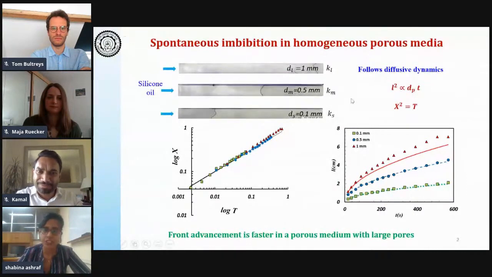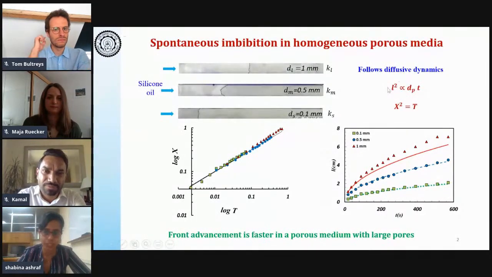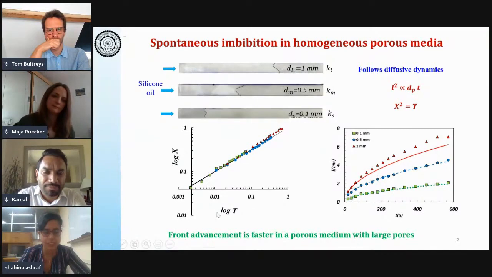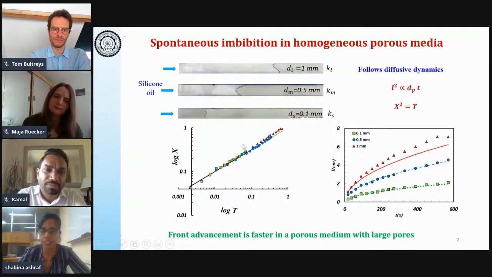It also follows diffusive dynamics, where the square of the impregnation length is proportional to the grain size diameter and also the time. This is a length versus time plot of the impregnation phenomenon. We see that the large pores have the leading front, and this is a log-log plot of dimensionless distance versus time representing the same. Therefore, for a homogeneous porous medium, the larger pores will have a fluid front that travels faster.